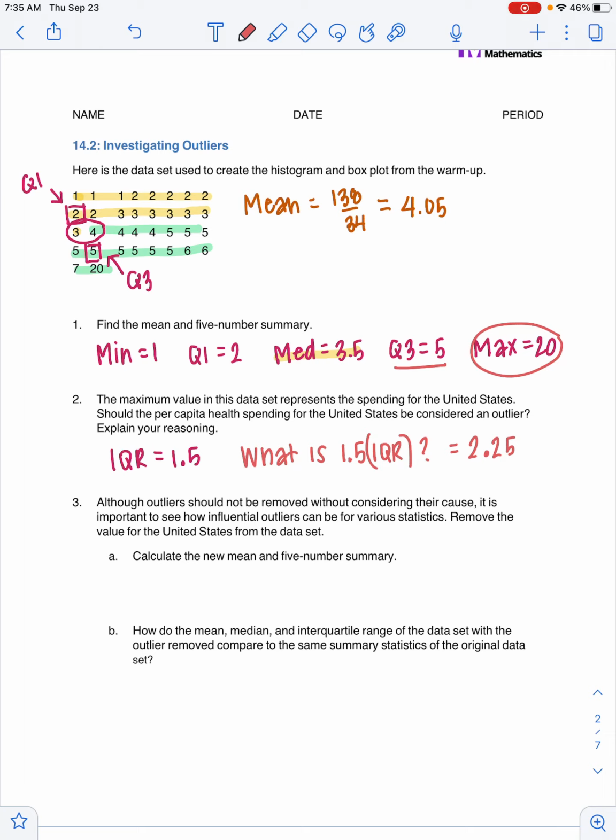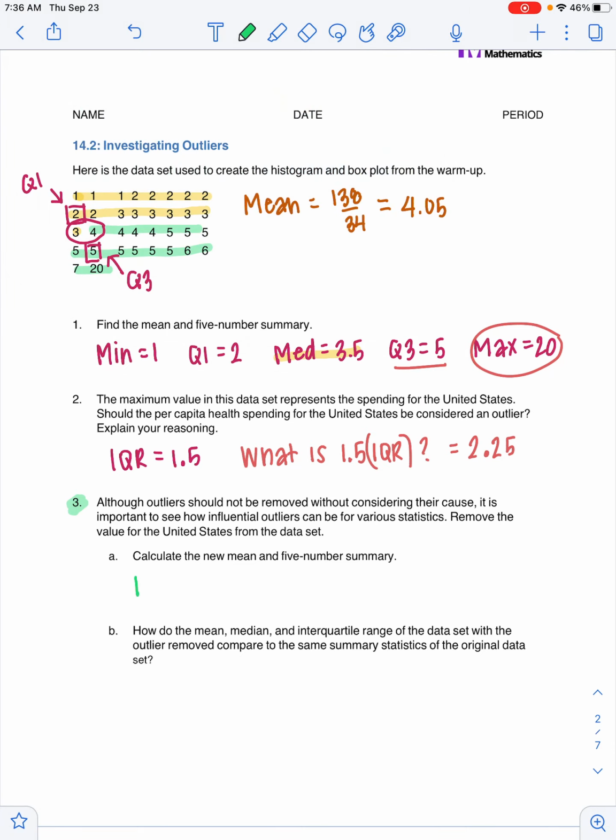Question 3 says, although outliers should not be removed without considering their cause, it's important to see how influential outliers can be for various statistics. Remove the value for the United States from the data set. So, in question 3, you need to find the new 5-number summary.